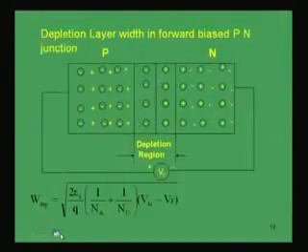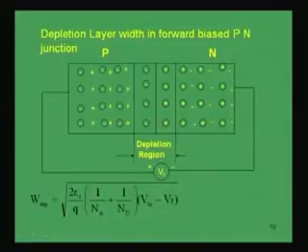Now, let us consider again the p-n junction, and the depletion layer width that we already know in an open circuit p-n junction. This will be the depletion layer width given by the expression that we have earlier discussed. Now, if we forward bias this p-n junction, as we know, the majority charge carriers, the holes will be repelled by the positive terminal and the electrons will be repelled by the negative terminal.